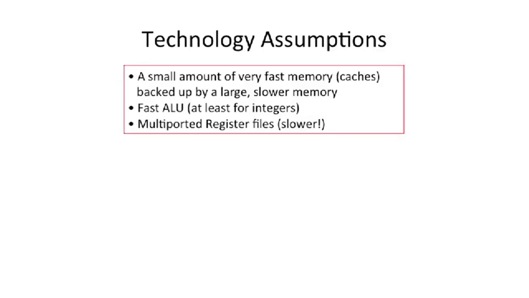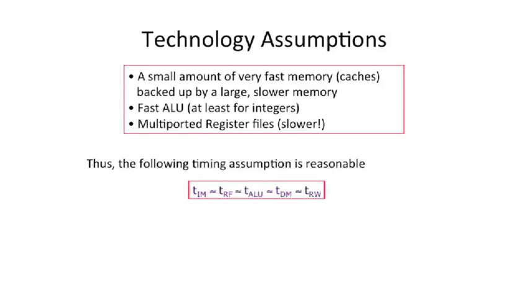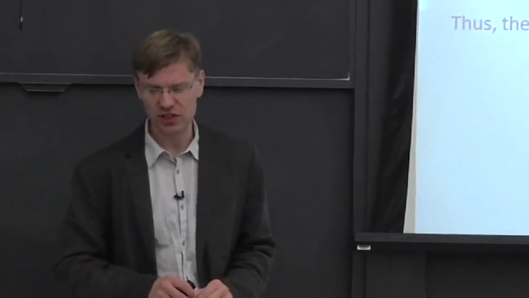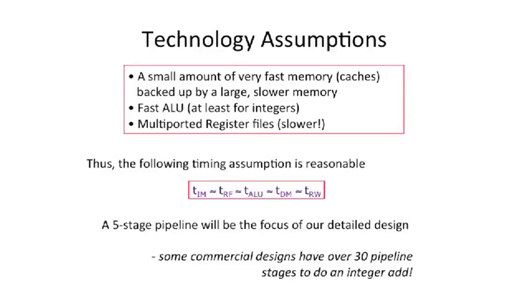Another assumption is that you have fast arithmetic logic units to do your math, and you also have multi-port register files, which are maybe slower, but you can still build them. So if you take these technology assumptions all together, they are reasonable for a 5-stage MIPS pipeline, but it changes whenever device technology changes. And you have to reevaluate this.